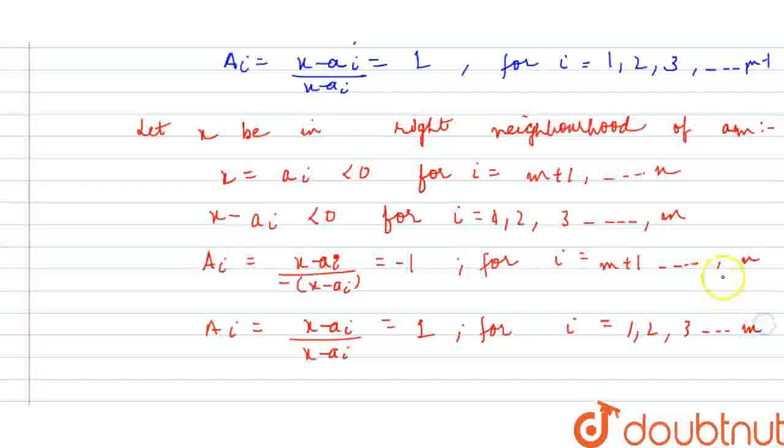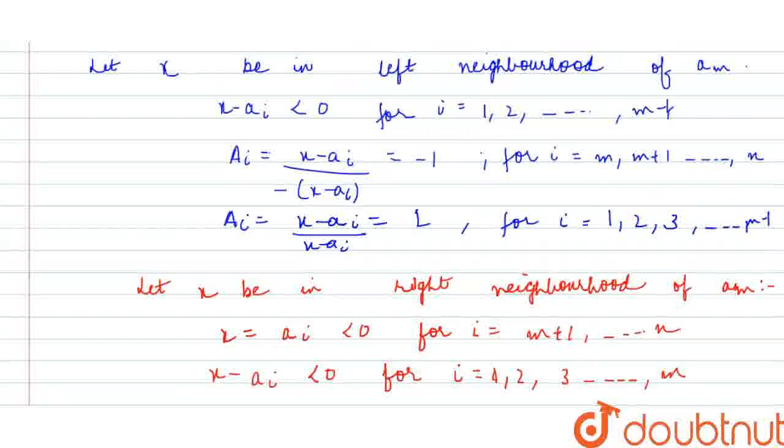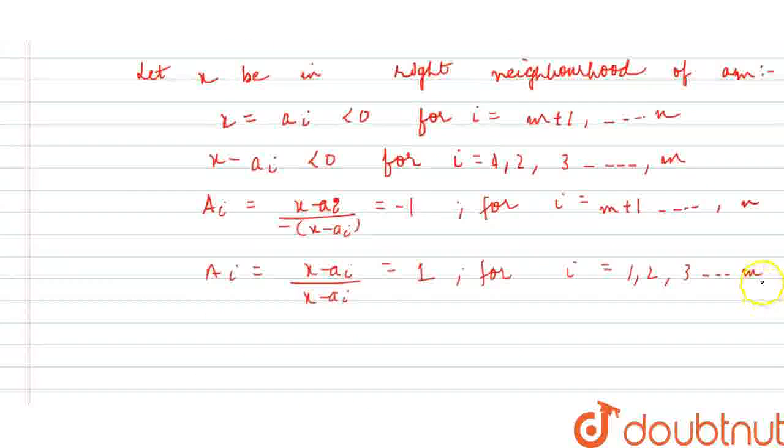So one thing here to be noted is that when it was in the left neighborhood, it was proceeding up to m minus 1, and the next was starting from m. And here it is ending at m and it is starting from m plus 1. So there is the difference in the left neighborhood and the right neighborhood.